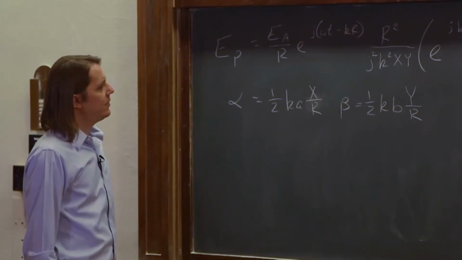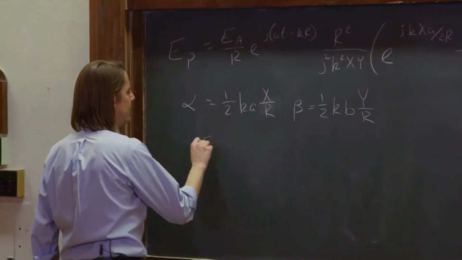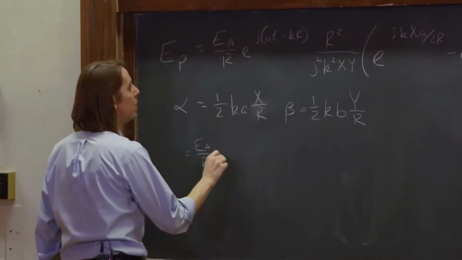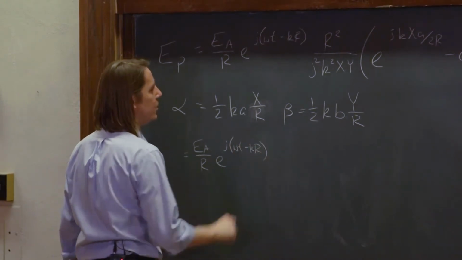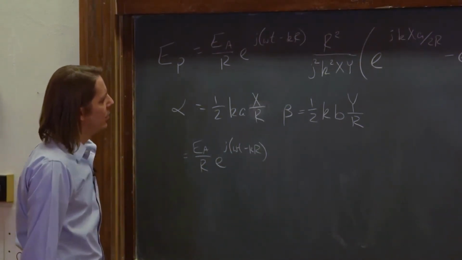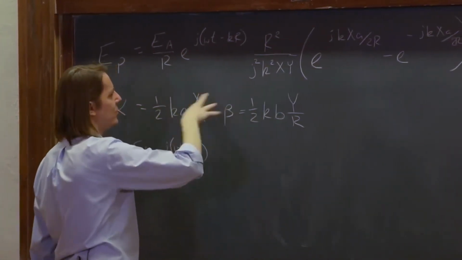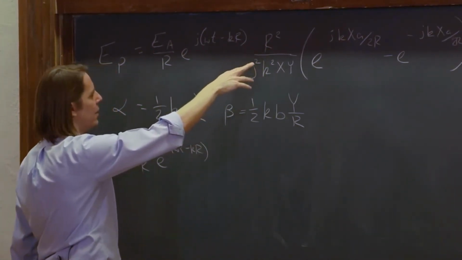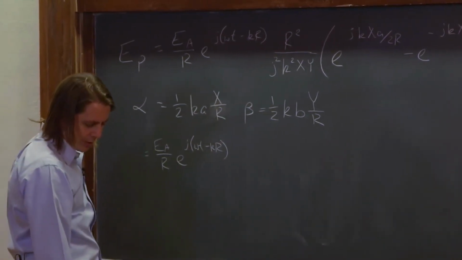And let's see. So if we make those substitutions, what are we going to get here? We're going to get E A over R, e to the j omega t minus k big R. And what kind of a mess are we making here? So remember, we had to use these substitutions. It looks like they're going to be in the bottom, right?